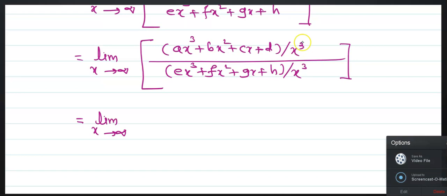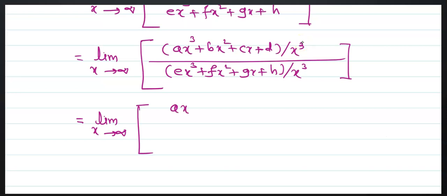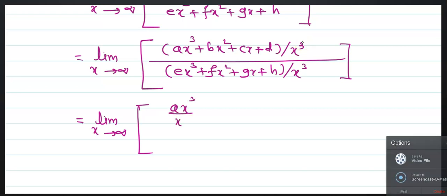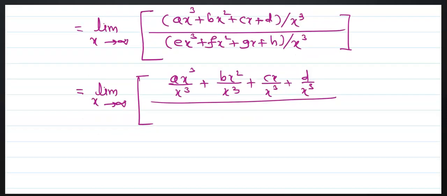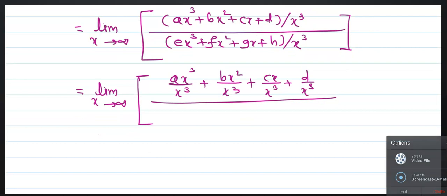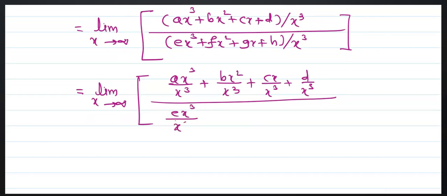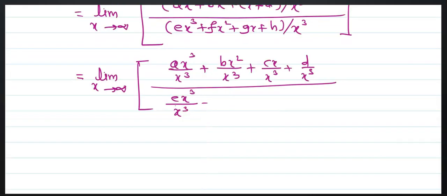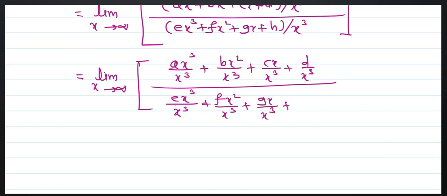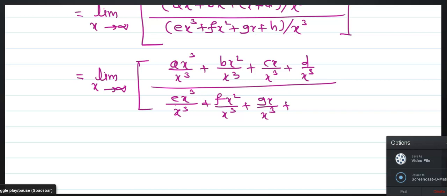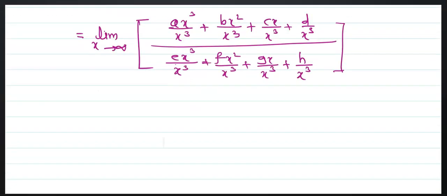Then we will get, as x tends to infinity, ax cube upon x cube plus bx square upon x cube plus cx upon x cube plus d upon x cube, over ex cube upon x cube plus fx square upon x cube plus gx upon x cube plus h upon x cube.